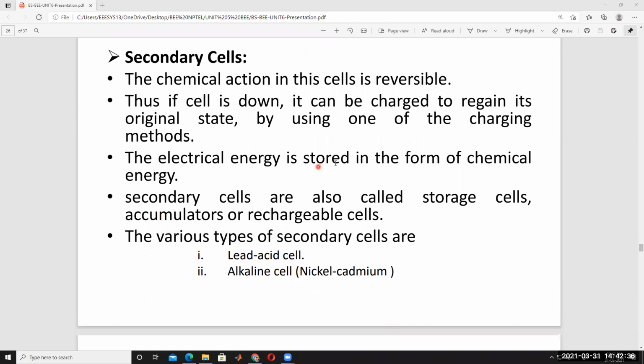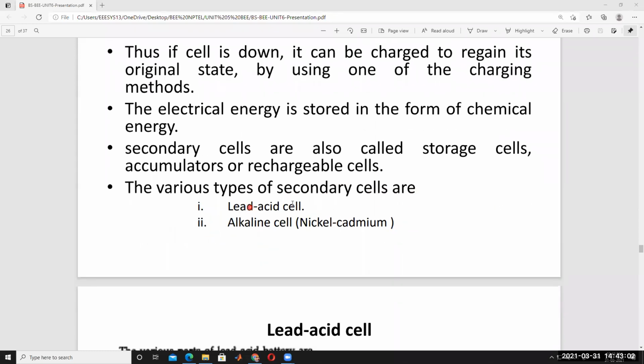The electrical energy is stored in the form of chemical energy, and secondary cells are also called storage cells, accumulators, or rechargeable cells.